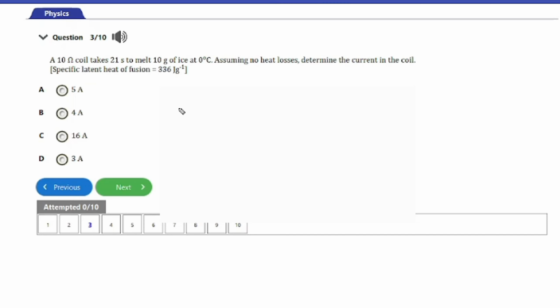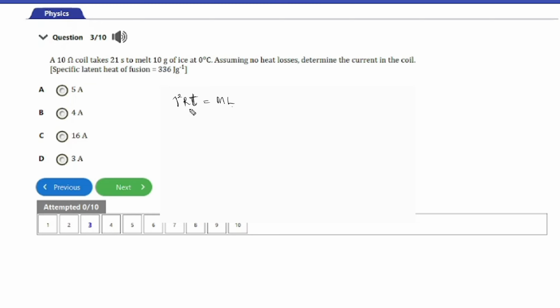So with this, we are going to have that I squared Rt is equal to ml, where the mass is given here to be 10 grams, and then the specific latent heat of fusion is 336.